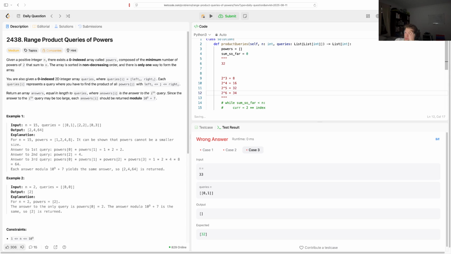Or, well, sorry, no. It would be 2 to the fifth. To get to 34, you need to do 2 to the fifth plus 2 to the 1. So I think you want to keep finding the biggest value. Okay.